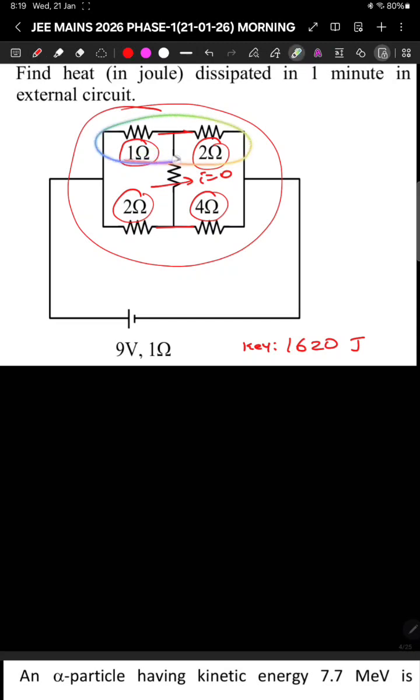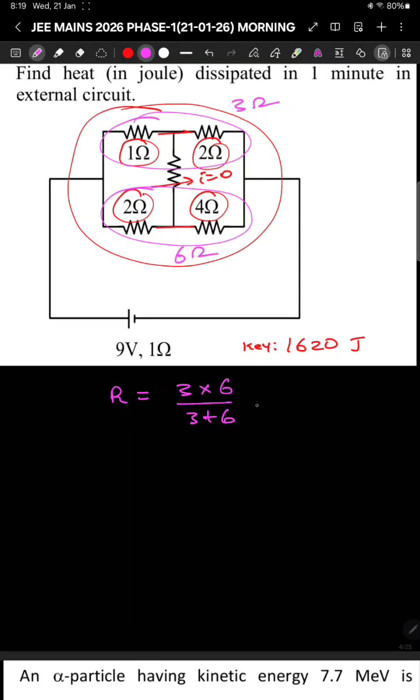1 plus 2, 3 here. Here 2 plus 4, 6 here. So now the 3 and 6 are parallel. Now the effective resistance by the parallel formula R1 R2 by R1 plus R2 is 2 ohms.